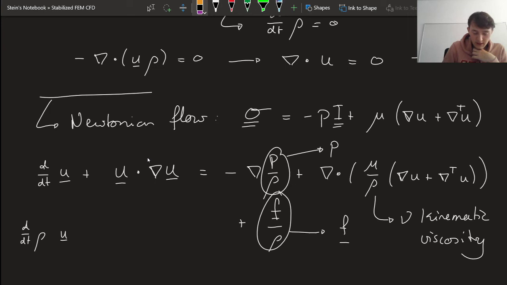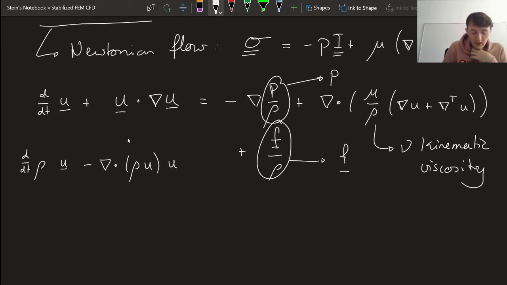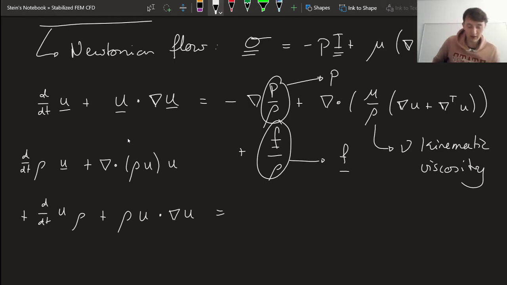If my memory serves me right, you would also get a term here that looks like the divergence of rho u times u, and then you would get d dt of u times rho plus this term plus rho times u dot gradient of u. Okay, and that's going to be equal to what we have on the right hand side here.